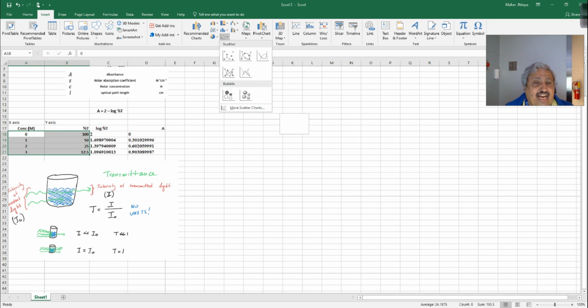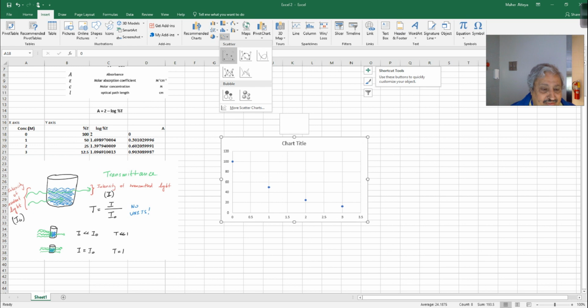I will add scatter. See here the scatter? The scatter line is easier, and you can control it much easier. We will not put them in a pie type, or a column type or 3D map or whatever. We'll put them in the scatter one.